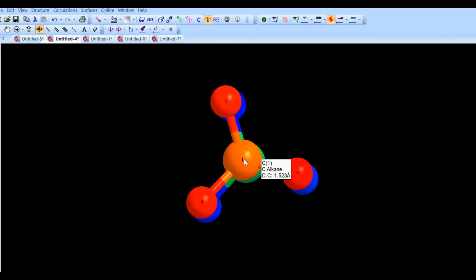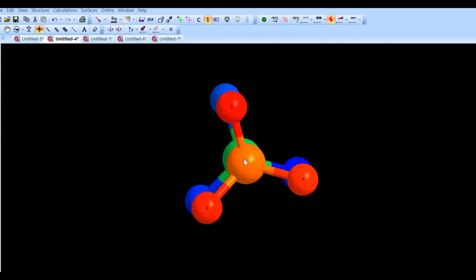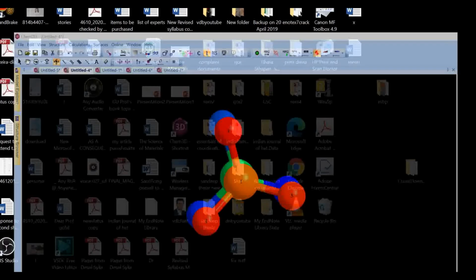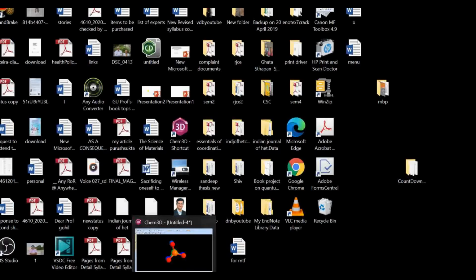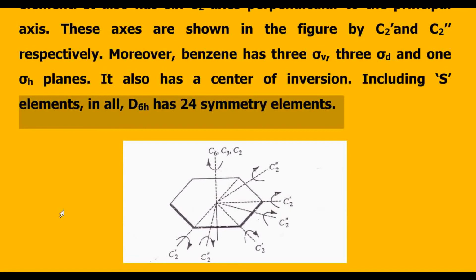So you have found the principal axis, and some C2 axes perpendicular to the principal axis, and you have also found a sigma h in this molecule, and therefore this molecule will belong to the D-h point group, and the principal axis being C3, the molecule will belong to the D3h point group. So friends, that was something about the point groups related to D, and I end the lecture over here.